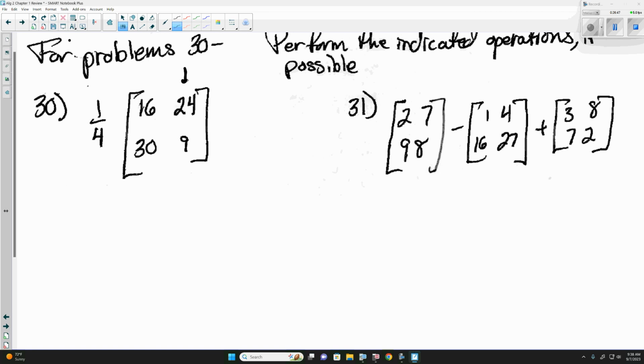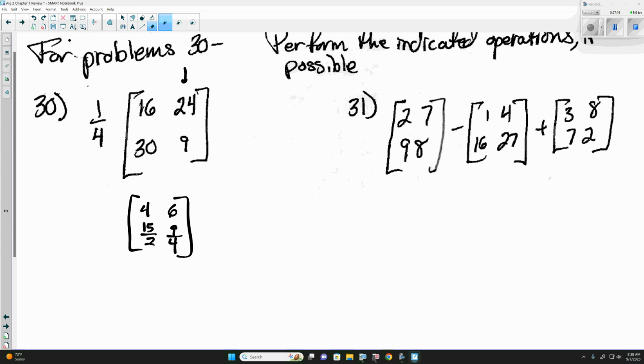You need to change that to 6. It's probably been stated in years past. I forgot to change it on the key on the review sheet. So at the very back, there is an answer key. So when you multiply each one of these by 1/4, you should get 4, 6, 30 over 4, and 9/4. But really 30 over 4 is 15 over 2.